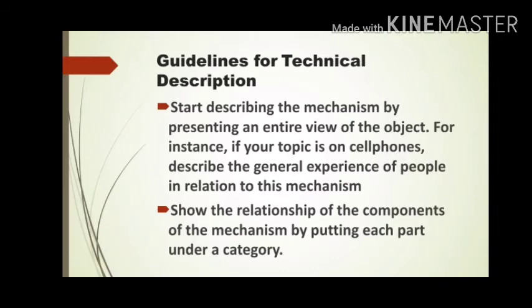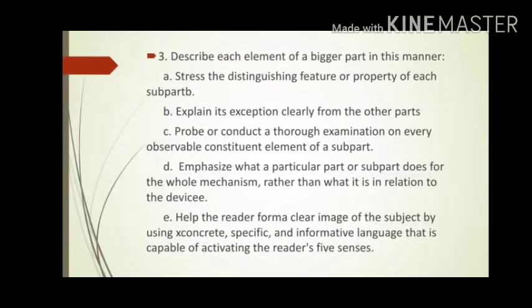The second part is where you have to show the main components of your mechanism, but you must always remember that it must be categorized. Describe each element of a bigger part in this manner. A. Stress the distinguishing feature or property of each subpart. B. Explain its distinction clearly from the other parts.